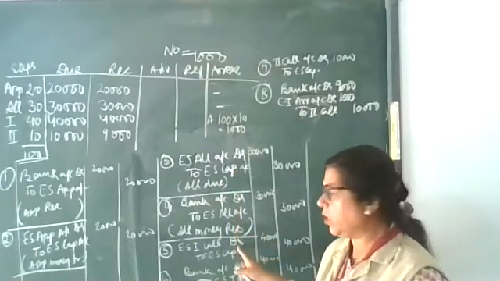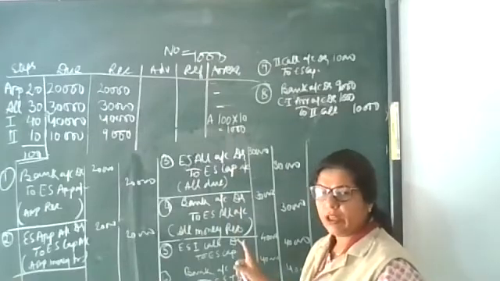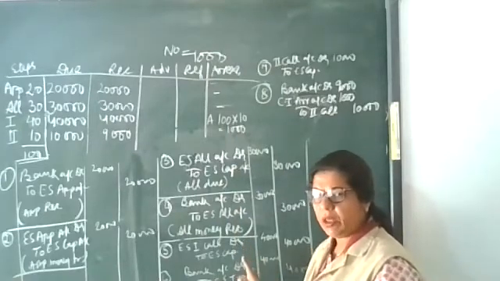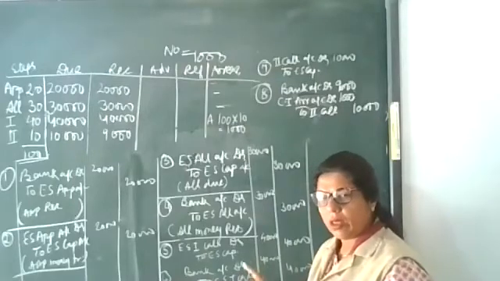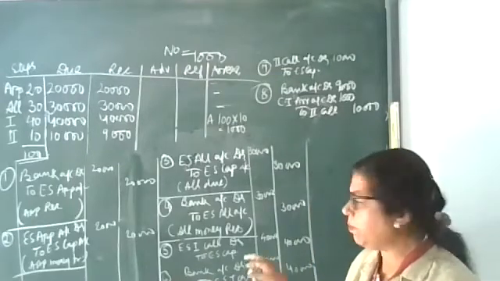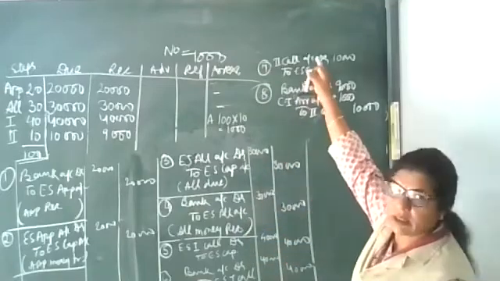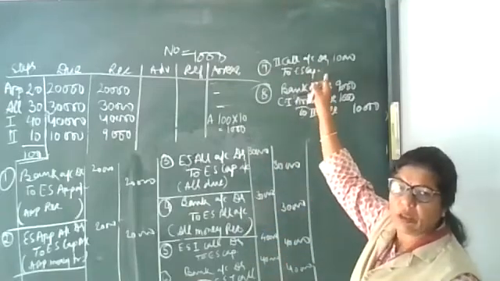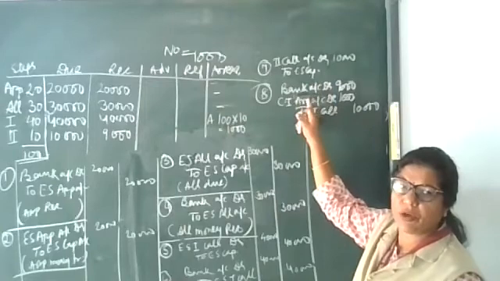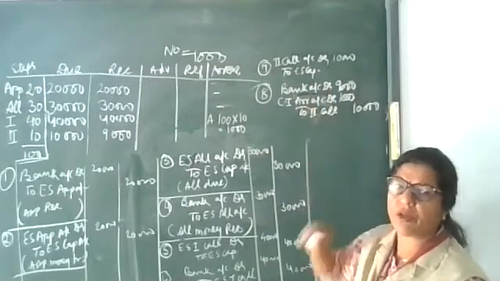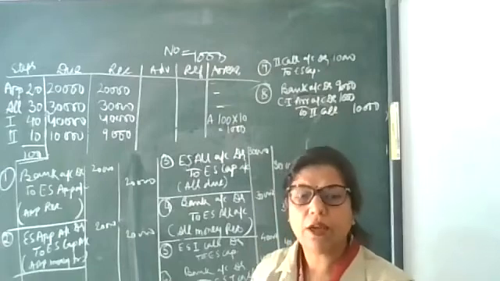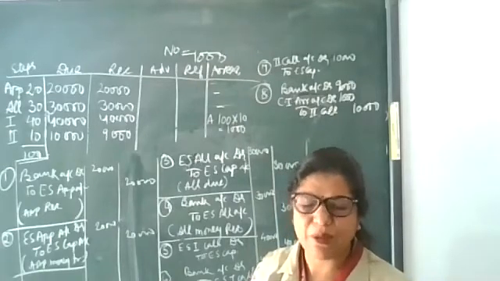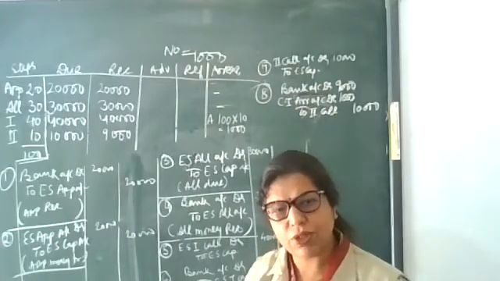Now remove the allotment, put first call debit to capital, bank debit to first call. Now, in place of first call, you will write second call to capital and then bank debit, calls in arrear debit to second call. Why do we put the amount of 1,000 in arrear? Because a shareholder is unable to pay 1,000 rupees.